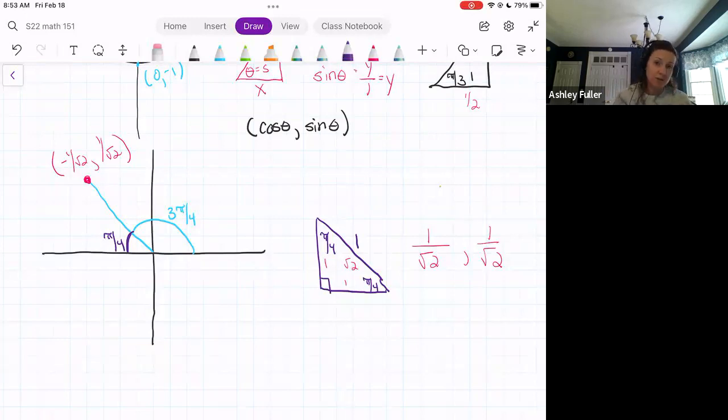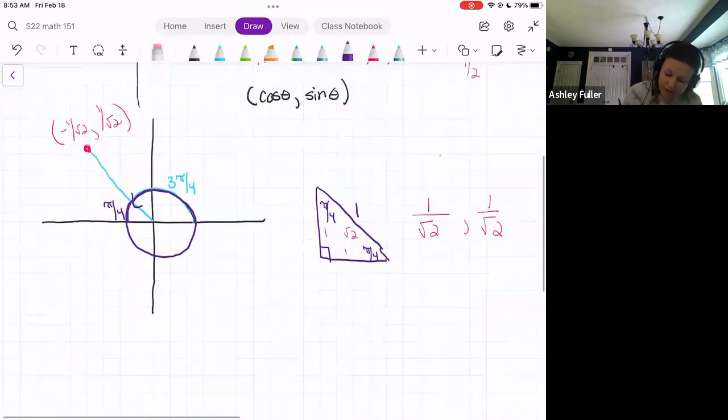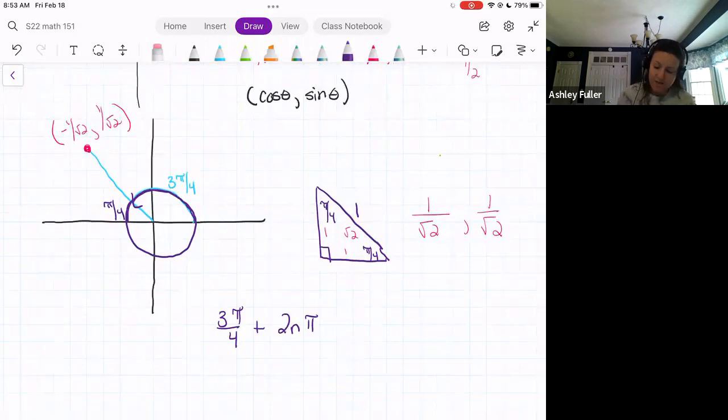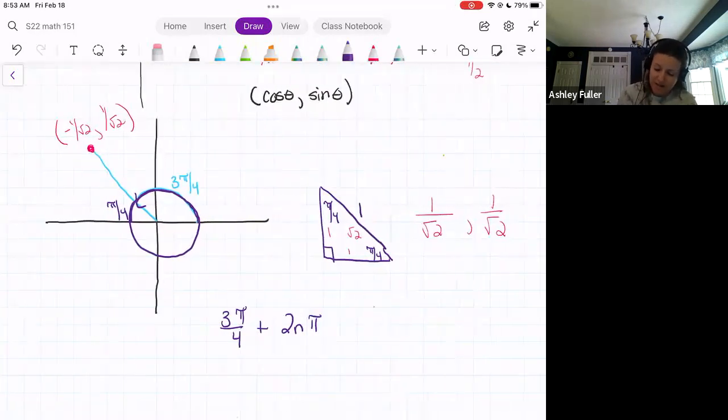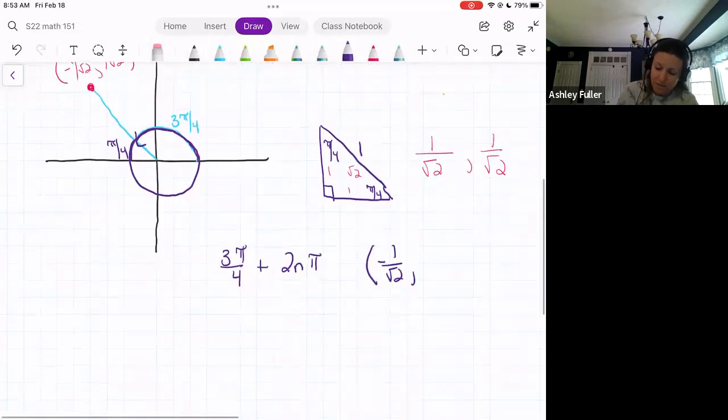Notice these numbers are going to repeat because I can go around this circle and come back. In other words, 3 pi over 4 plus any increment of 2 pi is going to be described by that same point, (-1 over the square root of 2, 1 over the square root of 2).